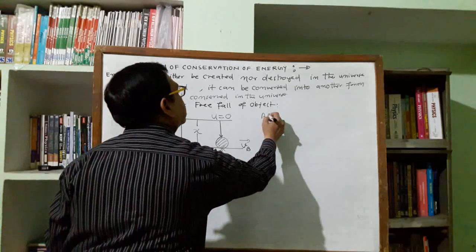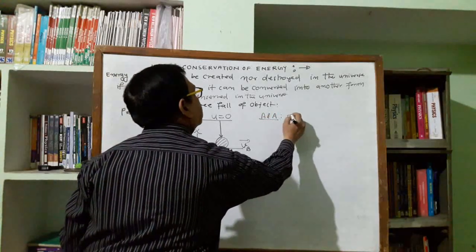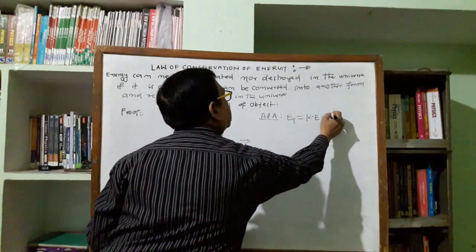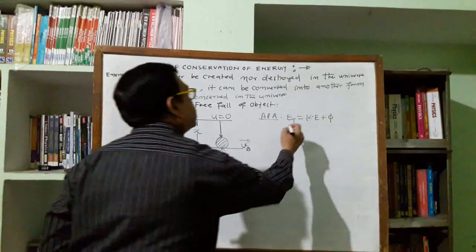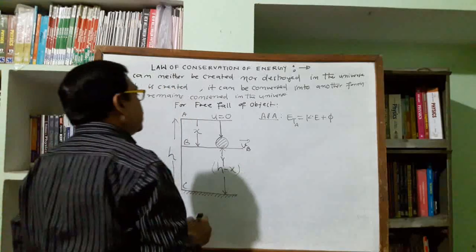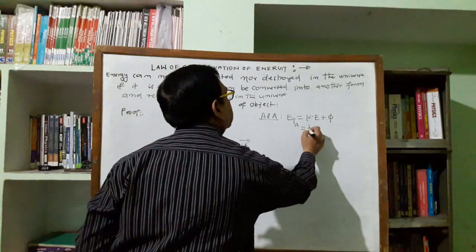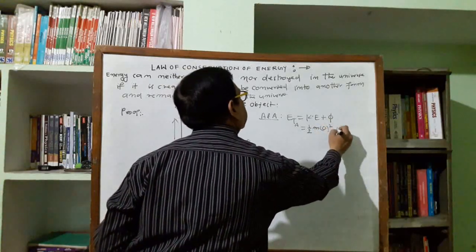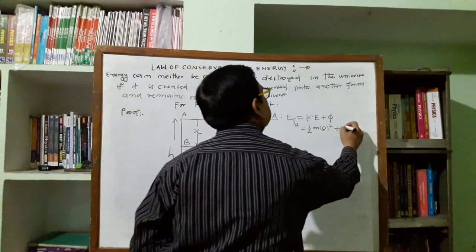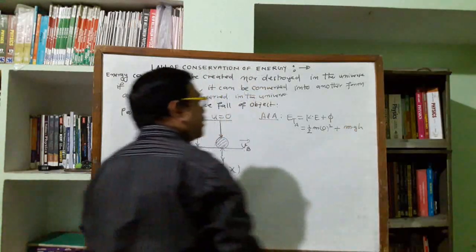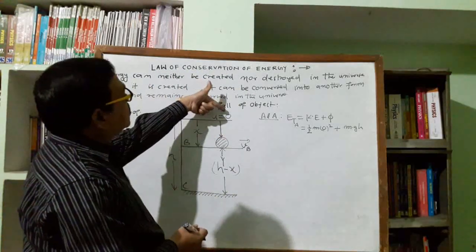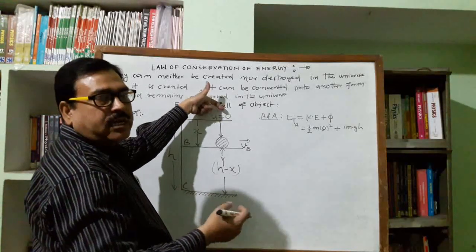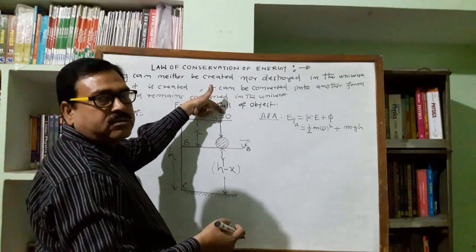Now at A, we find the total energy, kinetic energy plus potential energy at the point A. So write total energy at A. Kinetic energy is half m times 0 square plus mgh, the potential energy at A. Because the object has initially zero velocity when it starts to fall, the kinetic energy is 0 due to the velocity equal to 0.